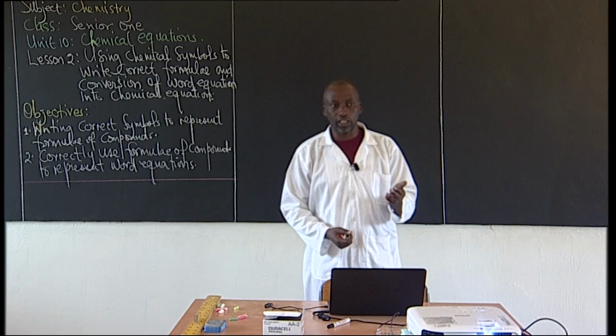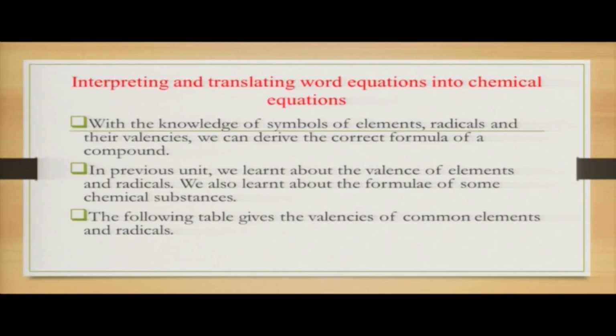So, interpreting and translating word equation into a chemical equation. In the previous units, you could have looked at the symbols. So this is actually reminding you of those symbols and radicals and valences that can be used to write the correct formulae of the compounds.